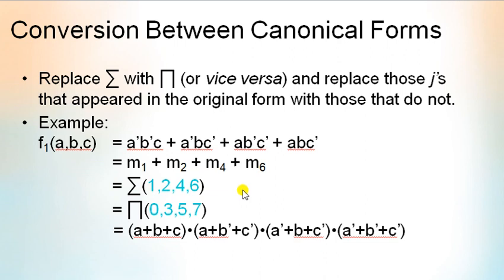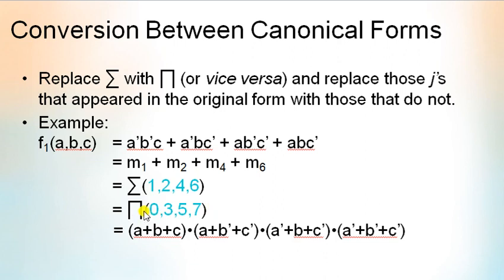Using the above law, that means the sum of different minterms is the complement of product of other max terms from the truth table. So we get the product of 0, 3, 5, 7 from the truth table.